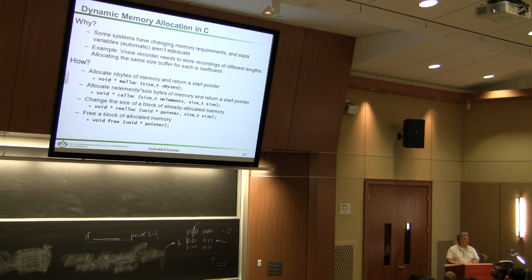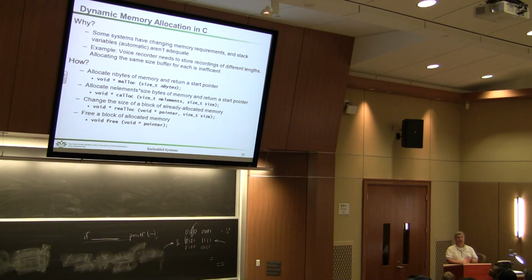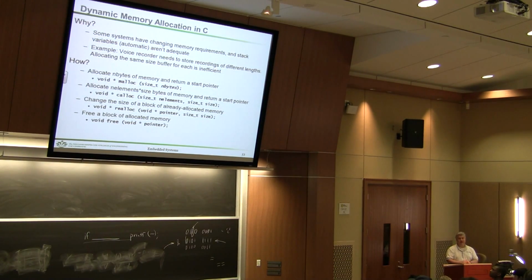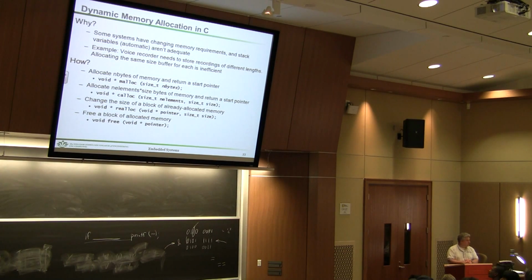You also need to identify how big that memory is going to be with respect to, is it going to be a character? Is it going to be an integer? Is it going to be a float? You can actually identify how much it's going to be. So if you do a malloc of 200 characters, how many bytes is that? 200 bytes.